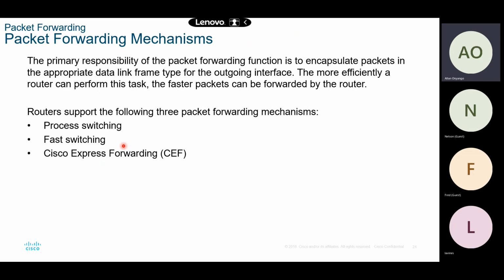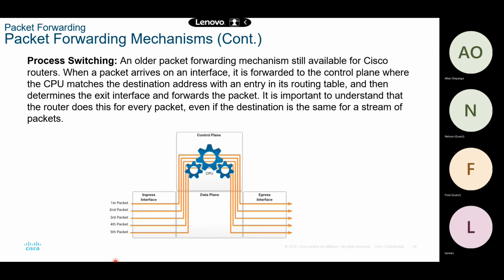And so there are some packet forwarding mechanisms available, and we'll start from a slower one and go all the way to a more advanced one. So we have process switching, we have fast switching, and we have Cisco Express Forwarding, the CEF.